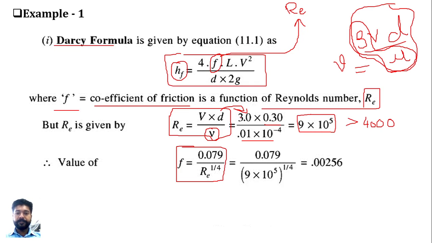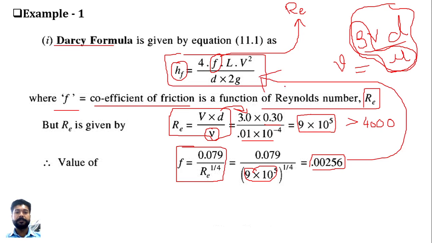After putting the Reynolds number value in this equation, the coefficient of friction is 0.00256, and we need to put this value in this equation.